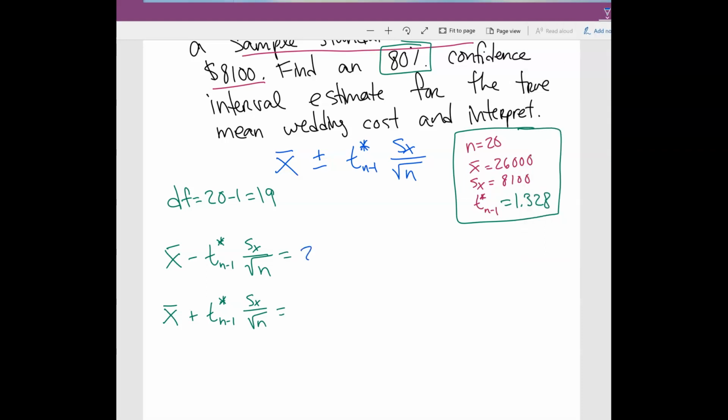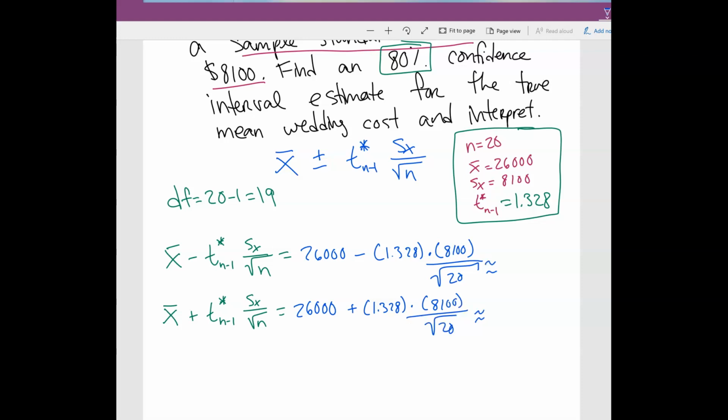So we know x bar is 26,000 minus t star, that's going to be 1.328, times s sub x, in this case is 8,100. And then we're going to divide this by the square root of n, which is square root of 20. And we're going to do the same thing for the other one, 26,000 plus 1.328. Multiply this by 8,100. And also divide it by square root of 20.